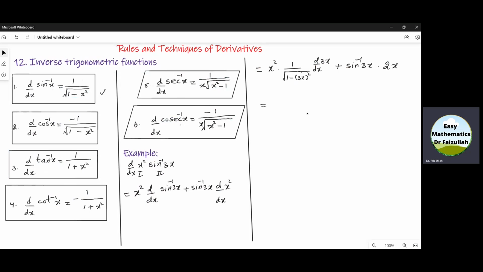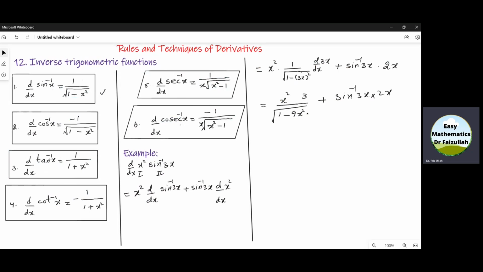Let us simplify it a little more. So we have x square divided by 1 minus 3 3s are 9, 9x square under the root, and differentiation of 3x: 3 will go outside, differentiation of x is 1. So we get only 3 here, plus sine inverse 3x into 2x.